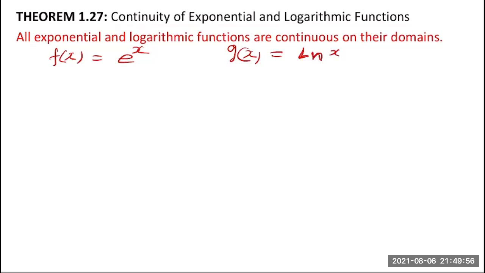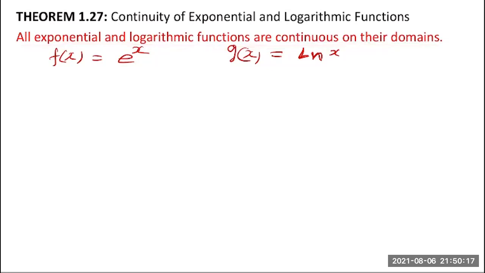These are not limited to these functions; any logarithmic or exponential function works. For example, h of x is equal to 2 to the power x is also an exponential function. What this theorem tells you is that all exponential and logarithmic functions are continuous on their domains.